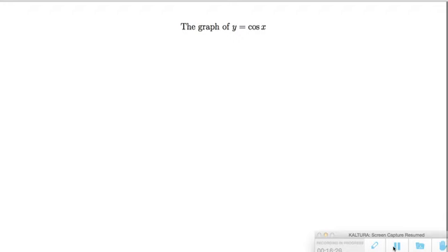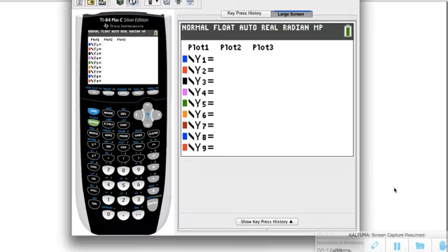Now, if you wanted to draw a graph of cosine of x in your calculator, you can do that, but just be careful because it doesn't give exact values. So what you could do if you wanted to graph this is go to your y equals menu on your calculator.